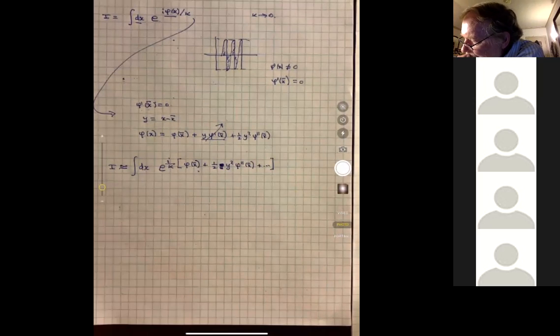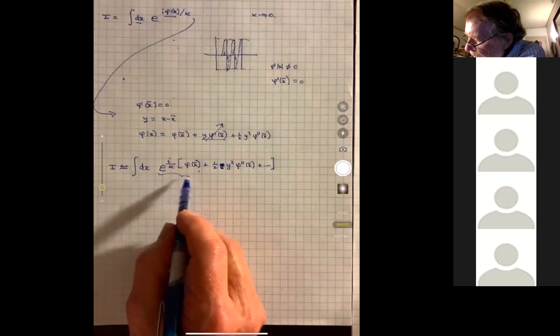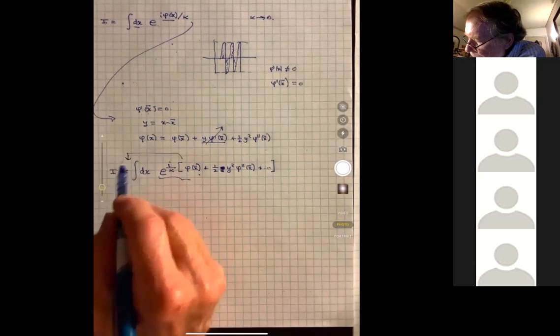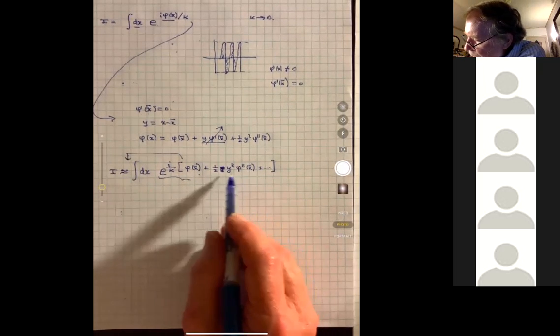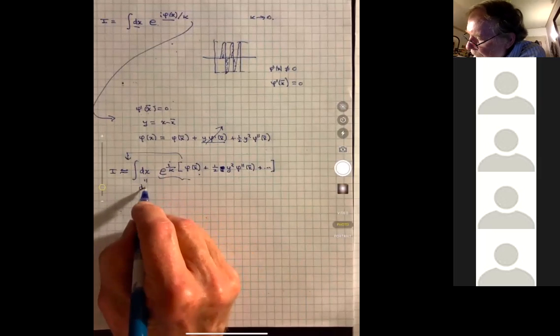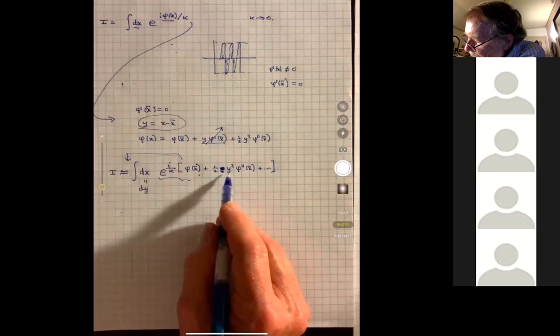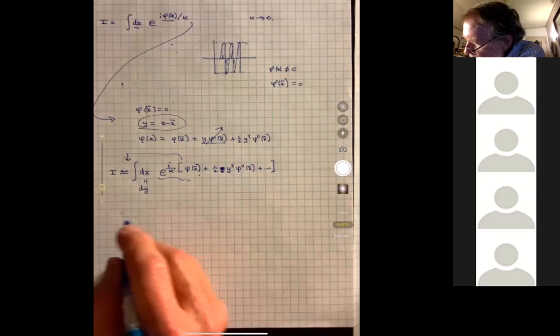All right. Now the first is just a constant phase factor. You see, it can be taken out of the integral. And what's left over is a Gaussian integral in y. Well, dx is equal to dy because it's just a linear change of variable, you see right here. X bar is a constant. So it just becomes a Gaussian integral in y, which is doable.